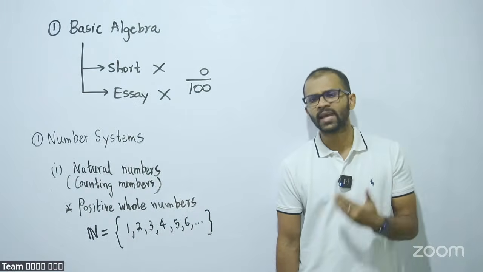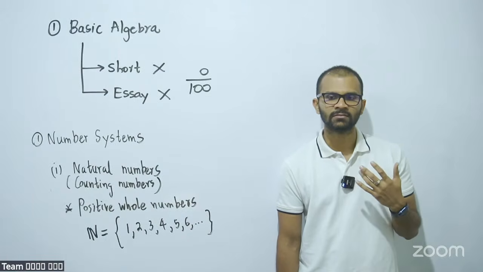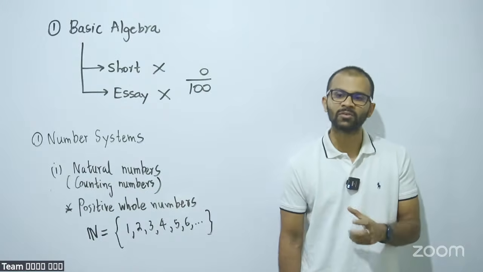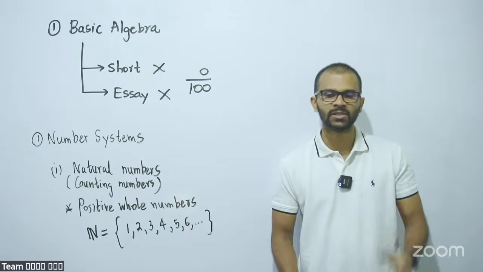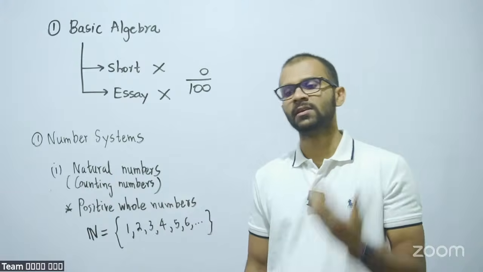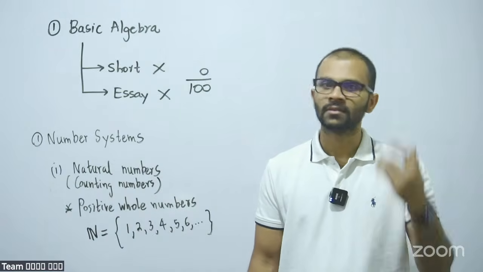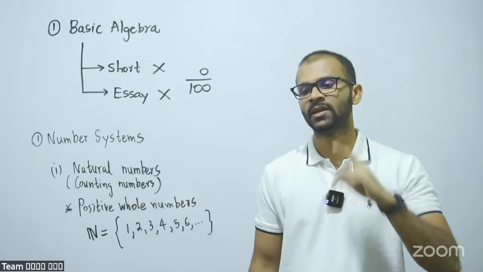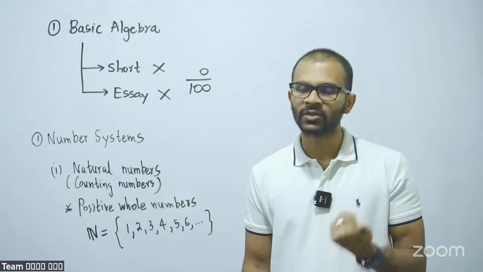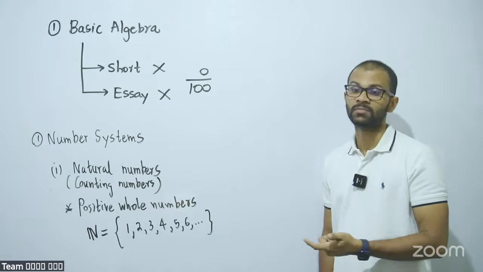So are there any other numbers that we can categorize which are not in this set? That means we have to expand this set. There should be another number which is not in this set, implying that we need to expand the set. And there will be another categorization for these numbers, which includes natural numbers.